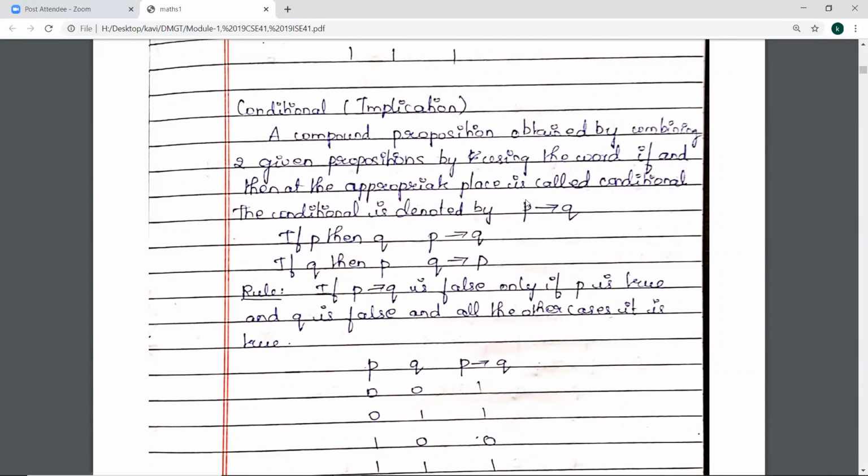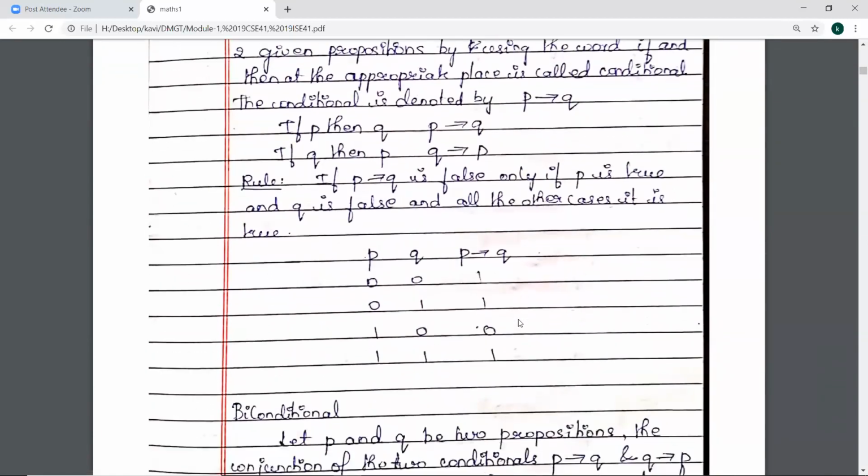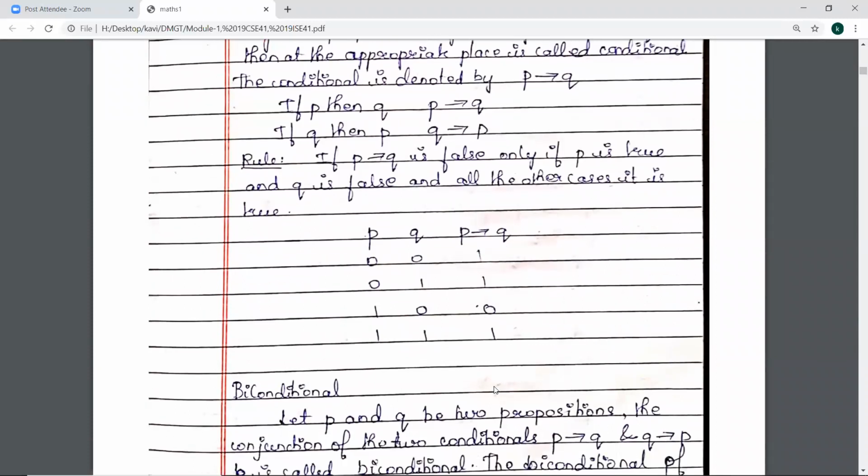The conditional is denoted by P implies Q. The rule for implication is: P implies Q is false only if P is true and Q is false. So this is the truth table for P implies Q. Whenever P is true and Q is false, then P implies Q is false. In all the other cases it is true.